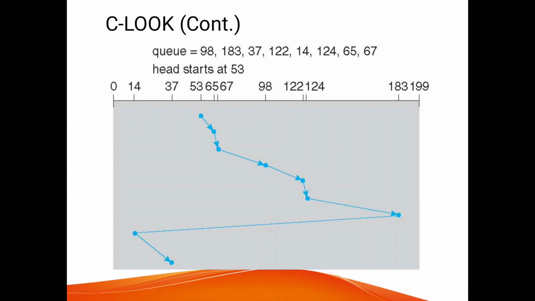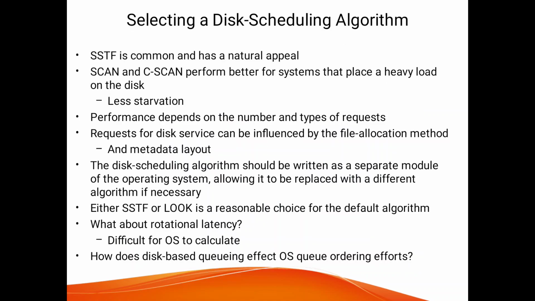Here the starting head is at 53, then the process goes on. Selecting a disk scheduling algorithm is a common task and has natural appeal.